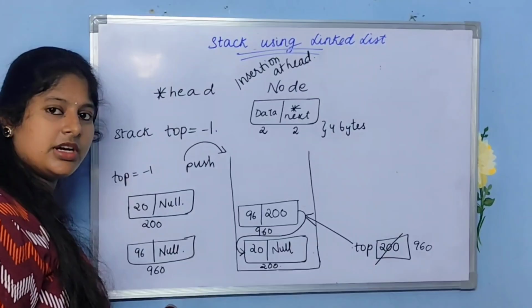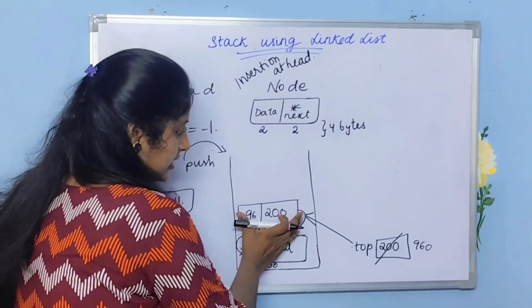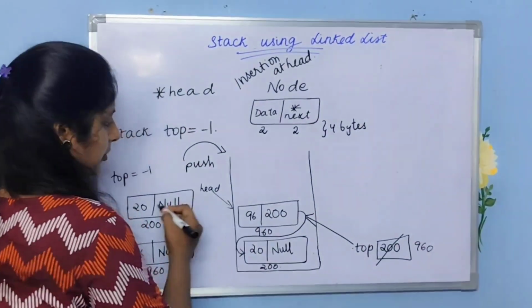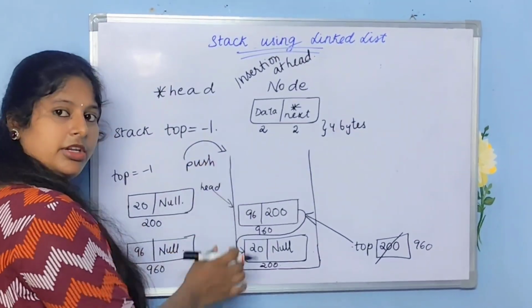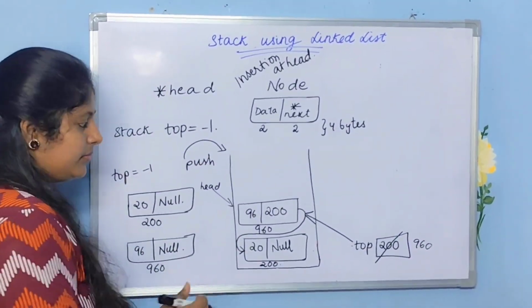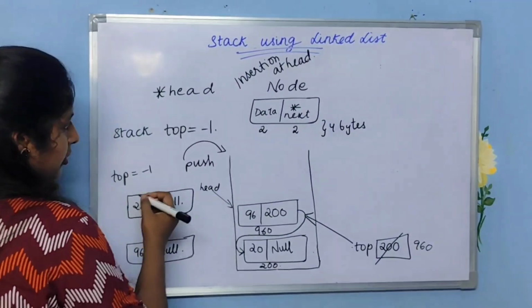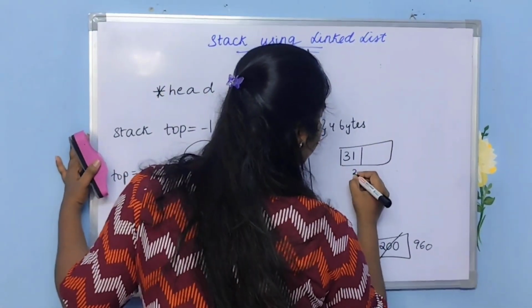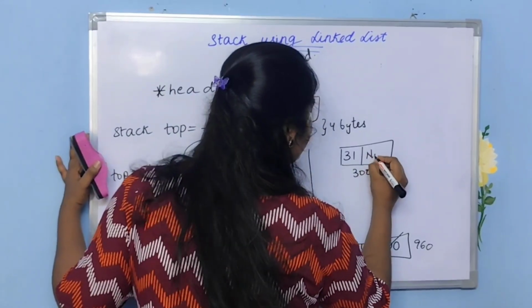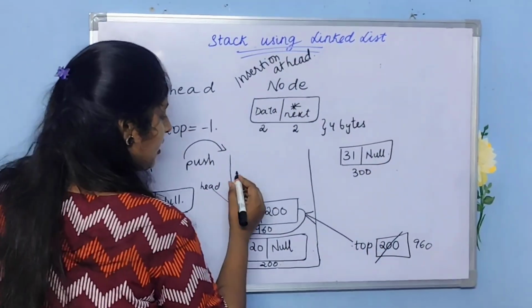What happens if you insert at head position? This would be my head. Now, in case I add one more element, the new element will be pointing to the head. So if I try to add one more element, my element is 31, stored at location 300. Next part is null.